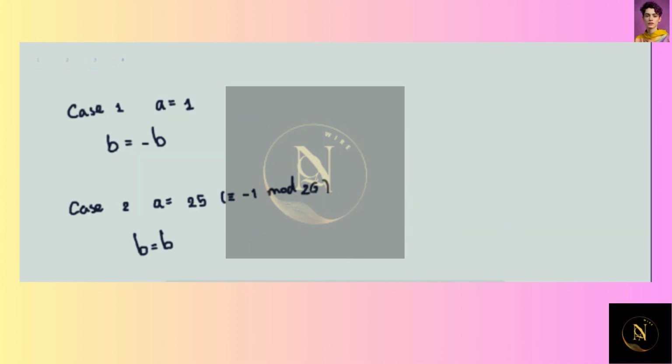In the first case, if a is 1, the second relation will give us that b is equal to minus b, and so 2b is 0 mod 26, and that has two cases as well.